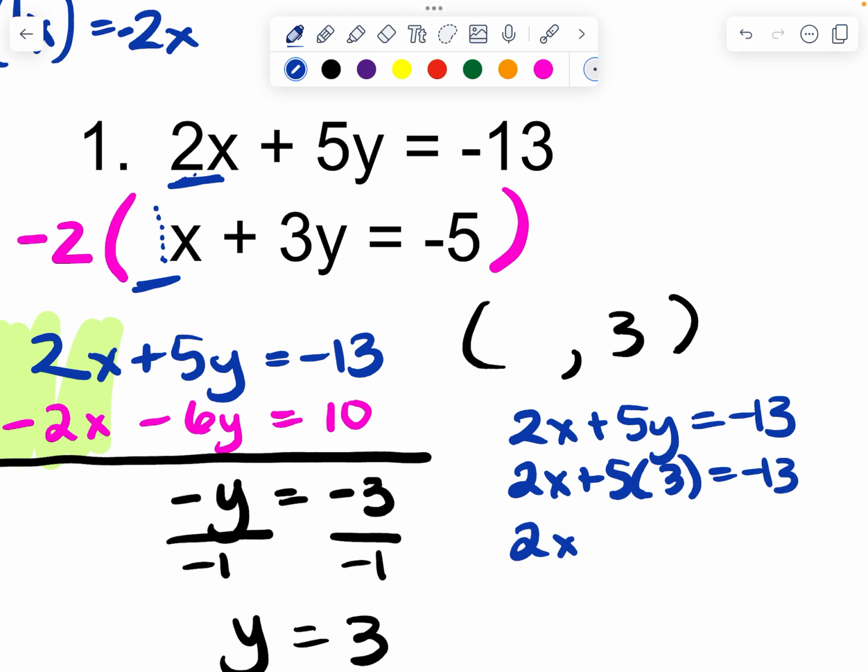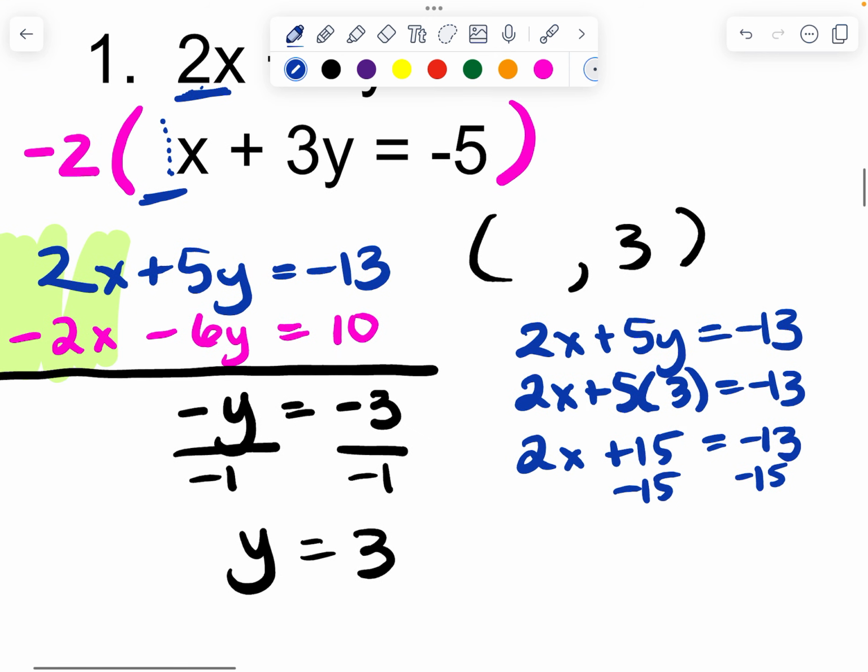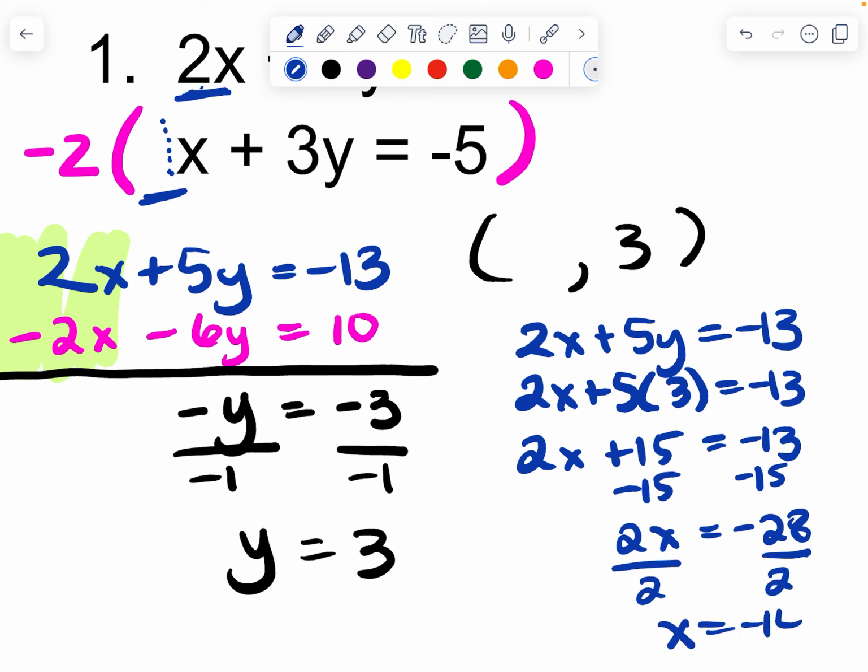So I get 2x plus 15 equals negative 13. Subtract 15. I'm running out of room. Get 2x equals negative 28. Divide by 2 and get x equals negative 14.